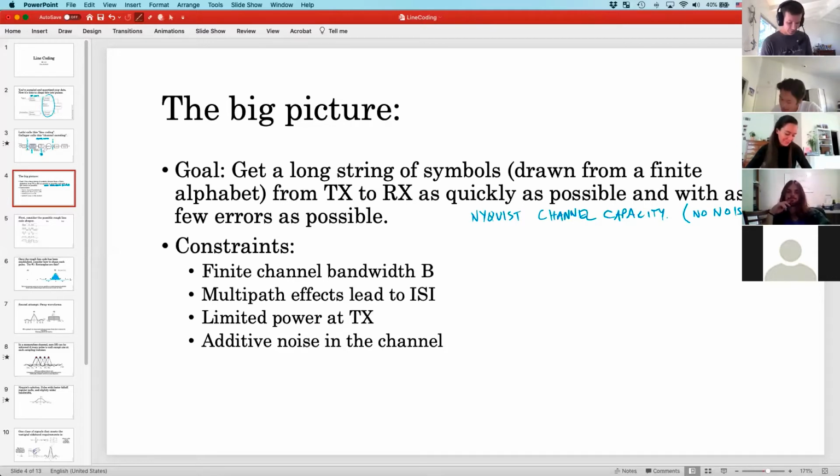Okay, so if it bears the name Nyquist channel capacity, there has to be a factor of 2 in there somewhere, right? That's what we all know Nyquist for. So if your channel bandwidth is limited to B hertz, then Nyquist says sample at 2B samples per second. I'll just abbreviate that with hertz, and you get all the info, right? That's what he's famous for.